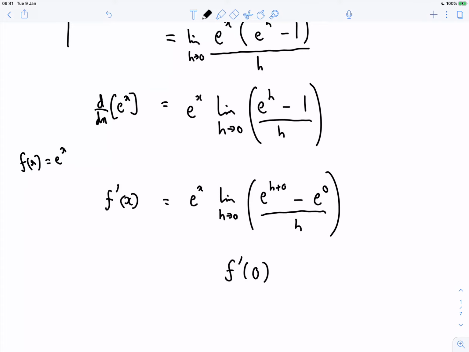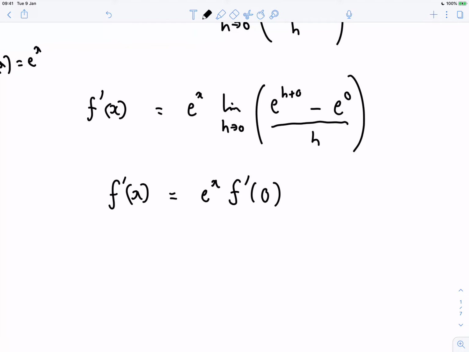So what we've actually got is e to the x times f dashed of 0 equals f dashed of x. Now, there's various ways of also proving that e to the x differentiates to itself, but I think this is probably one of the more compelling arguments.